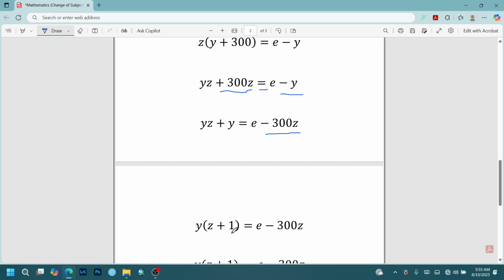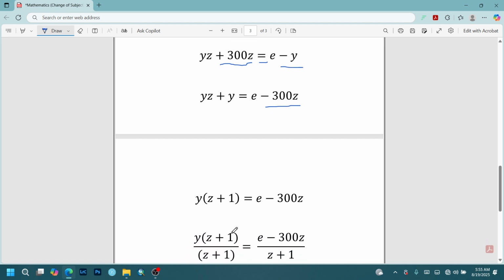So we are going to have our new equation to be y multiplying (z plus 1) over (z plus 1) equals the fraction (e minus 300z) over (z plus 1).